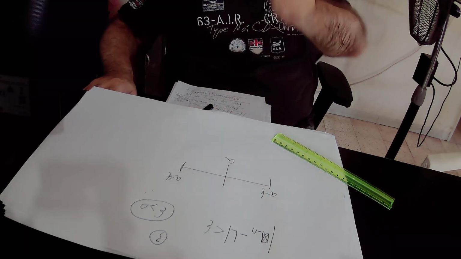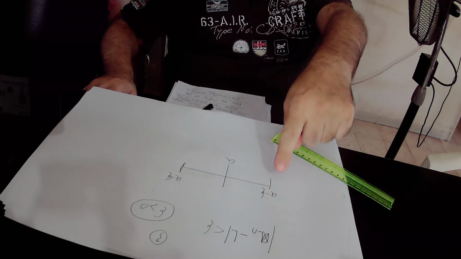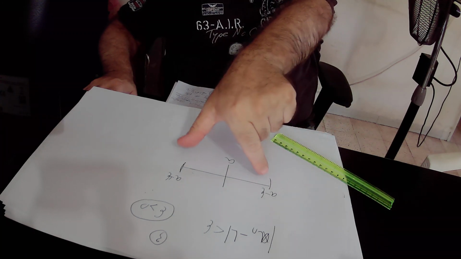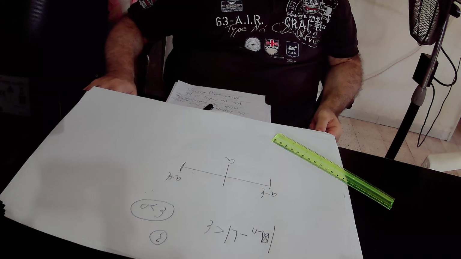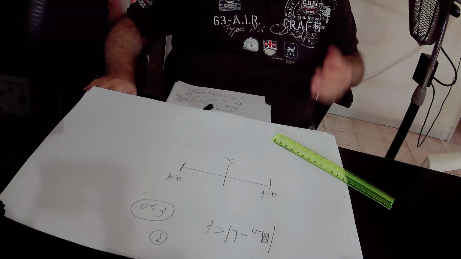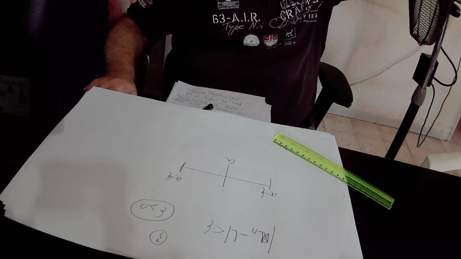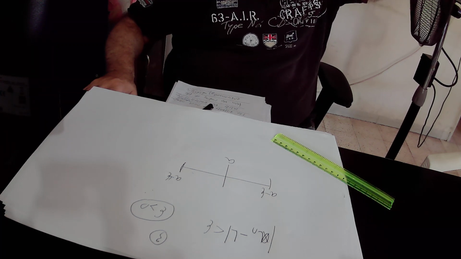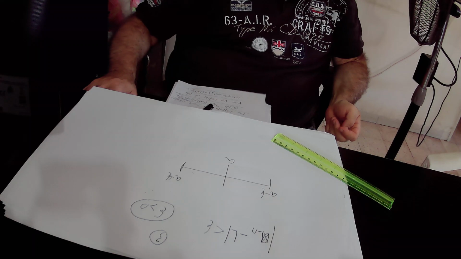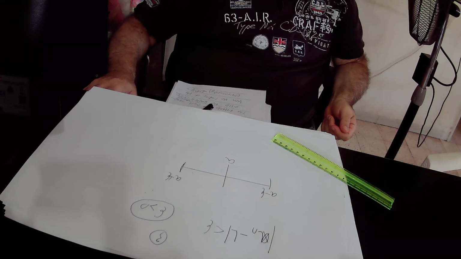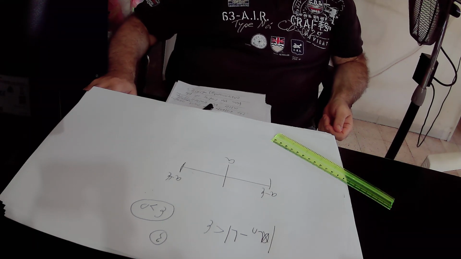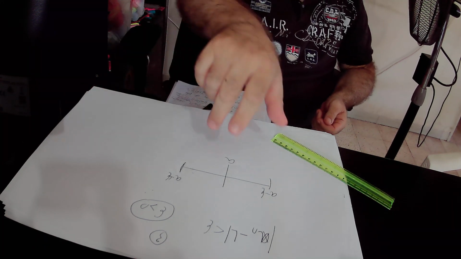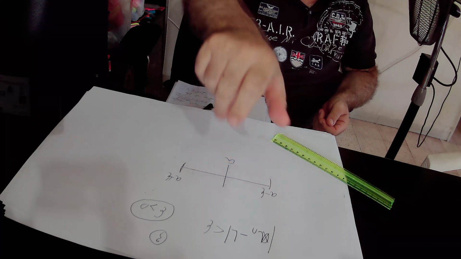Why? Because all the numbers that are located inside those two brackets are defined as the environment of A. So if a sequence has a limit, then most of the members of the sequence must be located inside these brackets.